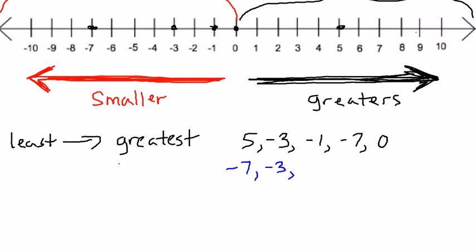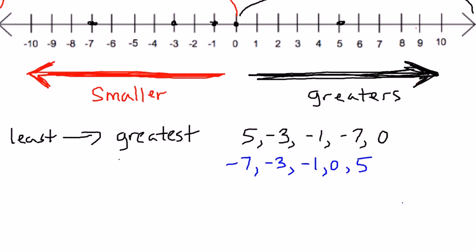After -3, we have -1, followed by 0, and then +5. Let's do an example where we have to go from greatest to least.